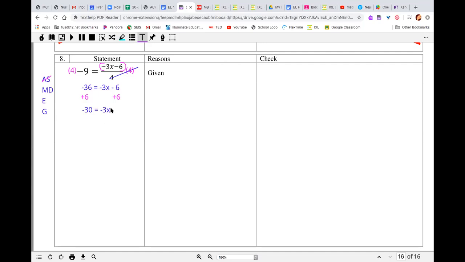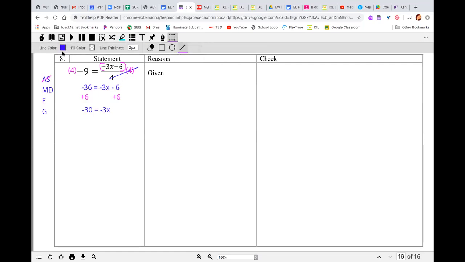If it says this right here, then I need to do the opposite. So what am I going to do? Divide. Okay. So we are dividing both sides by negative 3.